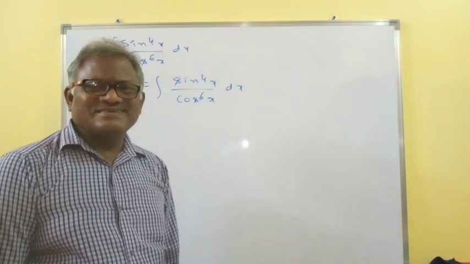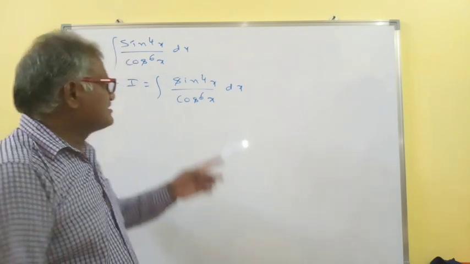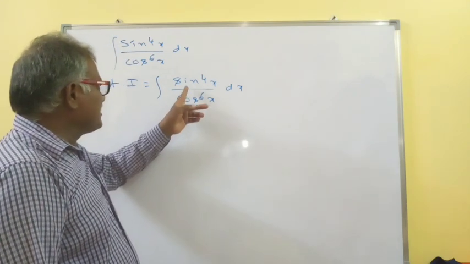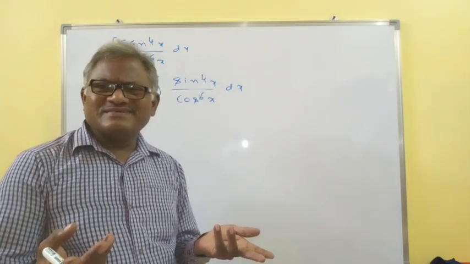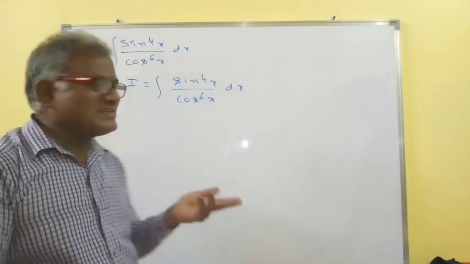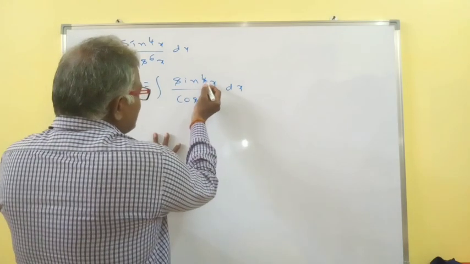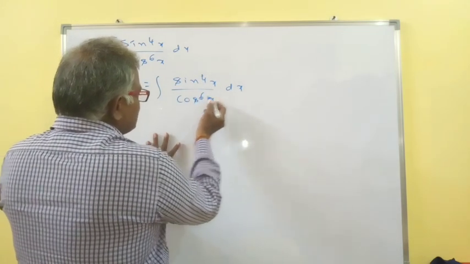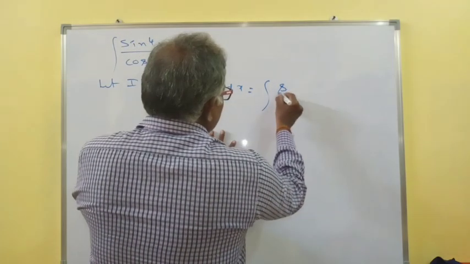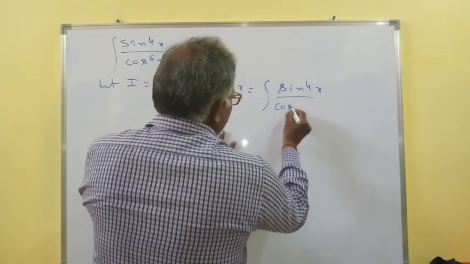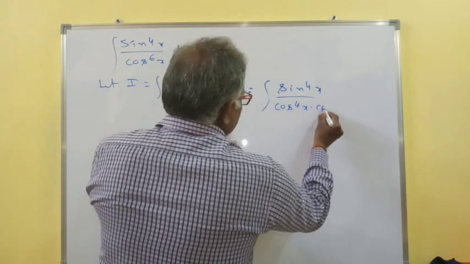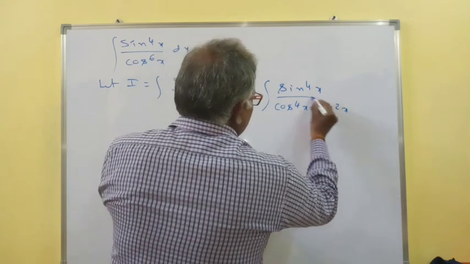Suppose cos x, the derivative is minus sin x, but sin power 4 is there, so no direct result here. So you see, this is 4 and this is 6. You should write sin power 4x divided by this 6, you can write cos power 4x into cos square x. Okay, simply.